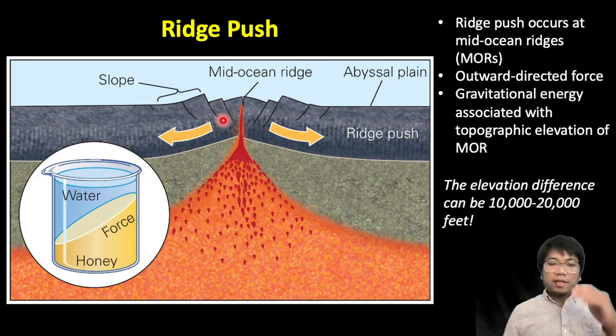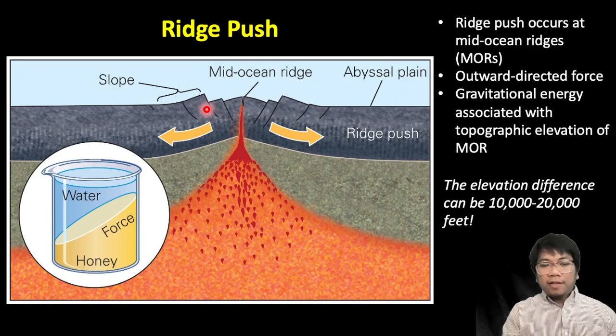So it's actually pretty significant. Because of these elevation differences, eventually the lithospheric plate will cool down and sink, and when it sinks, it pushes the adjacent oceanic plates. That force, that gravitational energy, is what we call the ridge push.